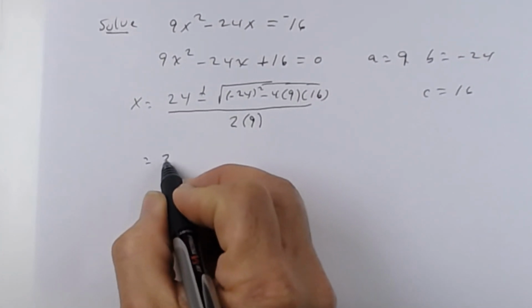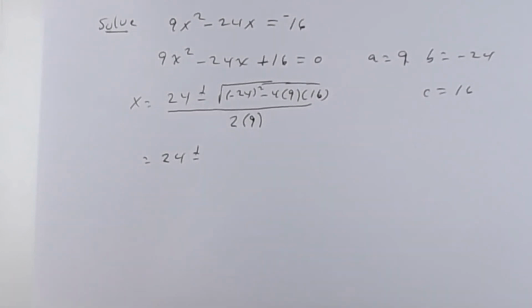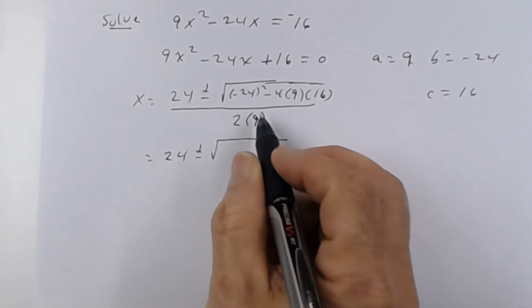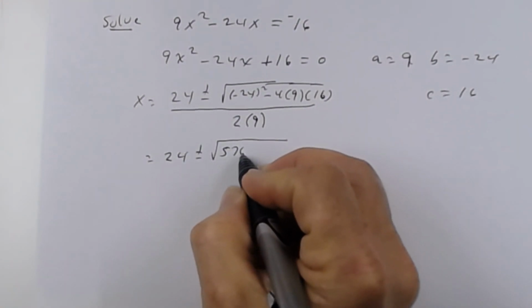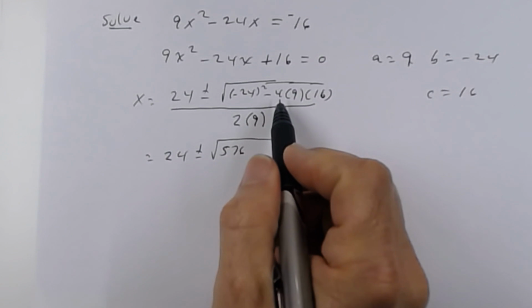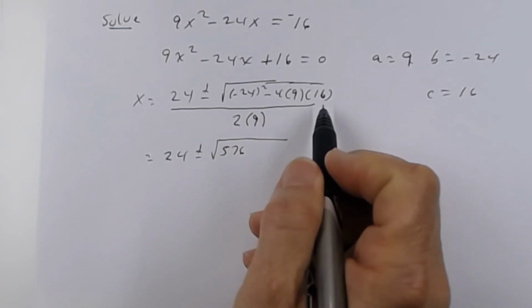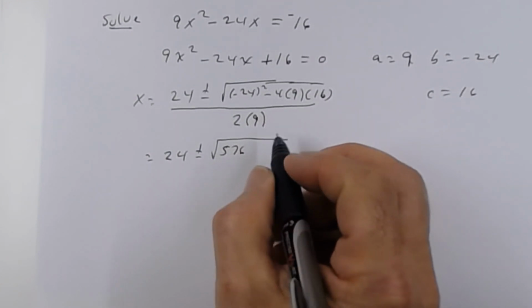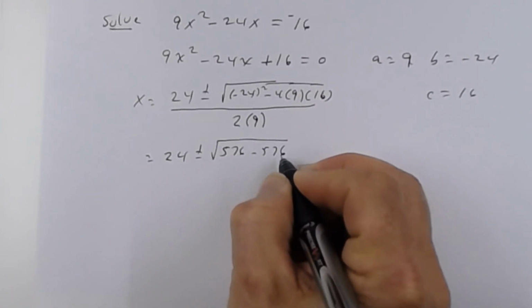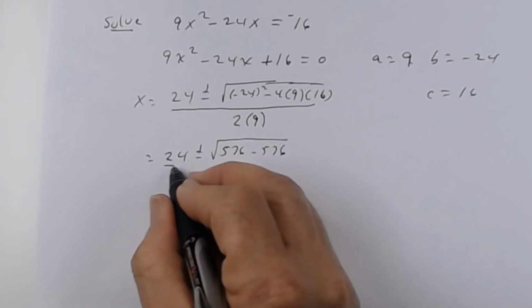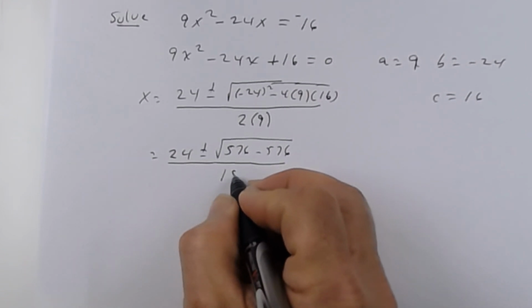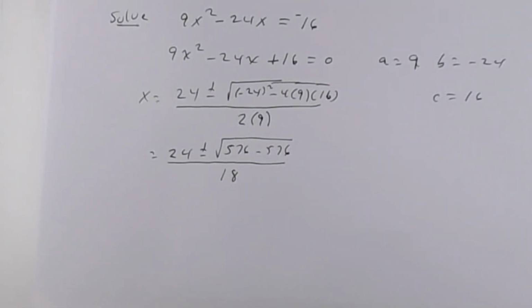Okay, so let's look at the discriminant. Use your calculator: what's negative 24 times itself? 576. What's 4 times 9 times 16? Minus 576, all over 18.